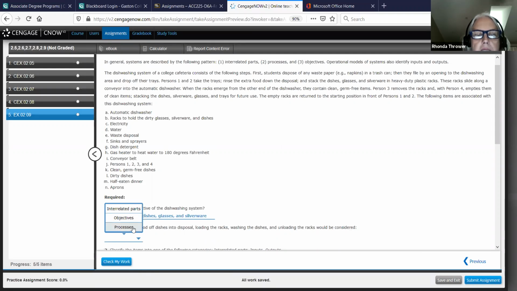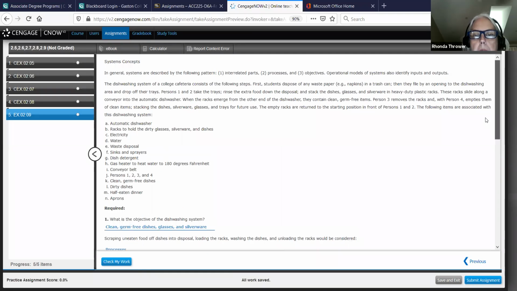And so these activities are considered processes. So the processes are the activities of loading the racks, washing the dishes, unloading the racks. The objective is clean dishes.